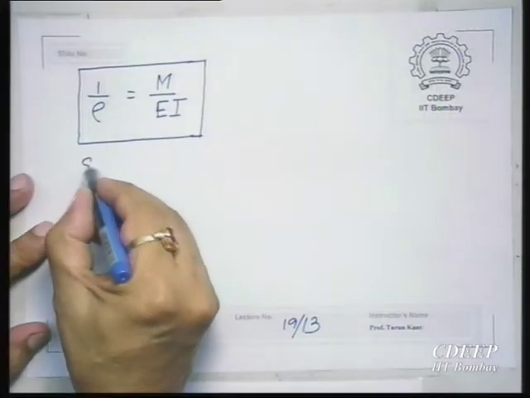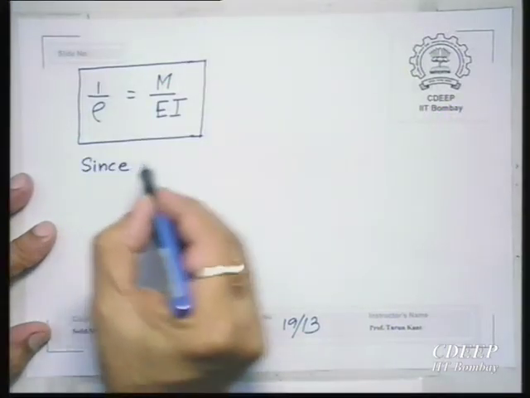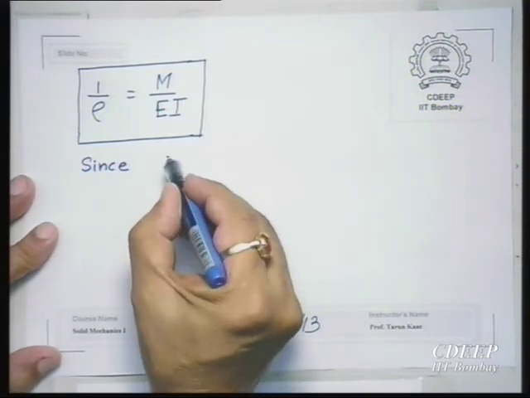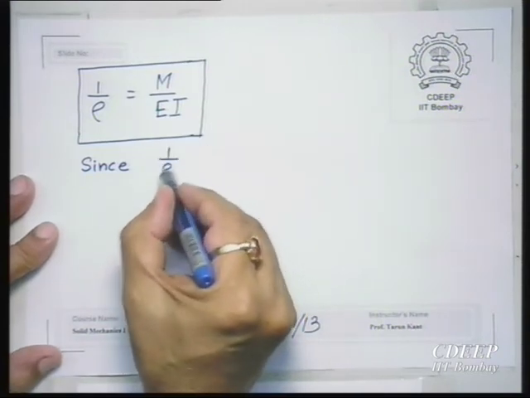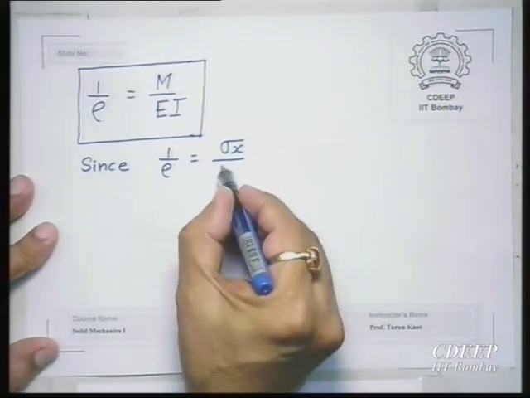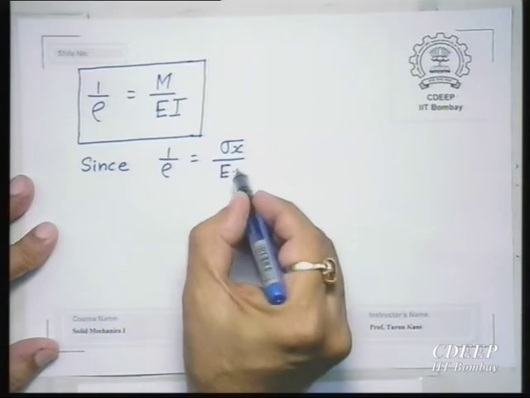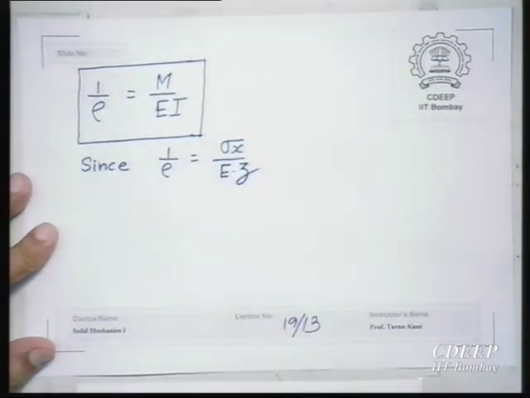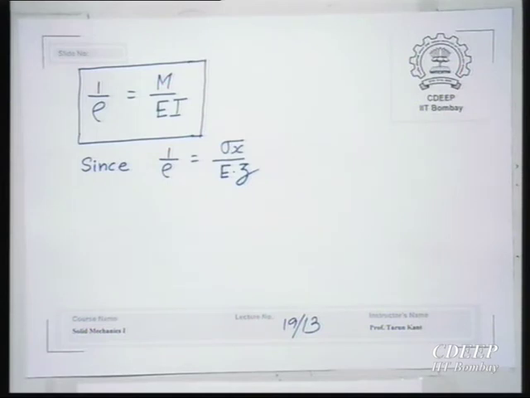Mz by I. Yes, very good. But how are you getting that? 1 by rho is given by? Since sigma x by E equals z by rho, this we have already derived.